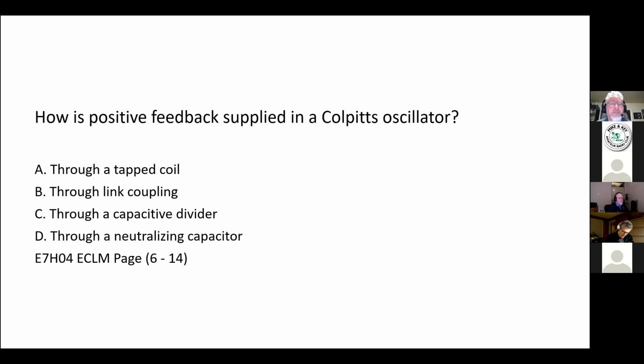How is positive feedback supplied in a Colpitts oscillator? A, through a tapped coil. B, through link coupling. C, through a capacitive divider. Or D, through a neutralizing capacitor. Charlie. Colpitts and capacitive divider.